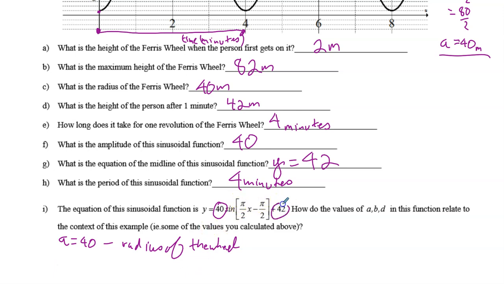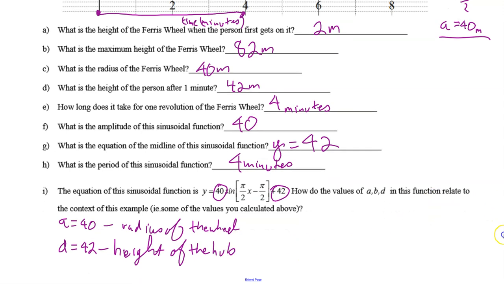The d value, let's do that next. So d is equal to 42. So that's the midline or the median height. Well, the middle of a wheel is the hub. So this is the height of the hub, or the axle.